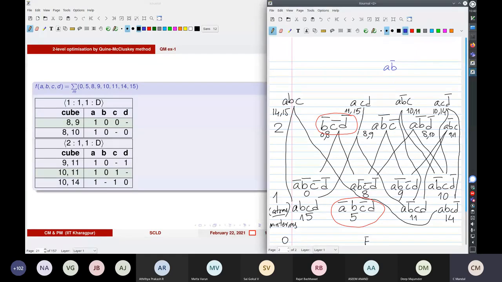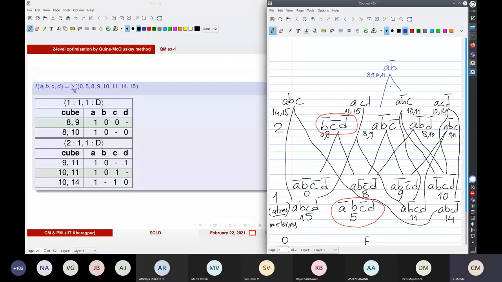All right. So you can combine this and this, 8, 9, 10, 11.